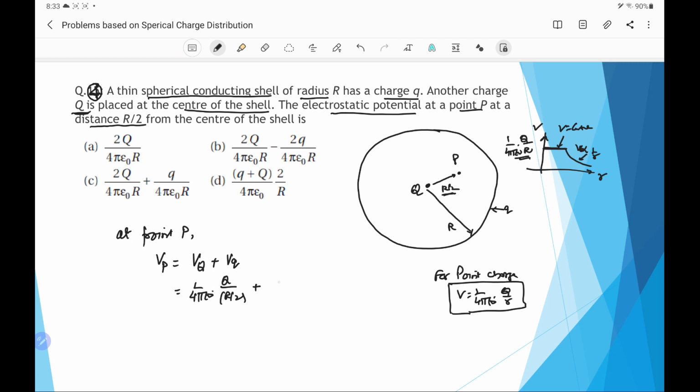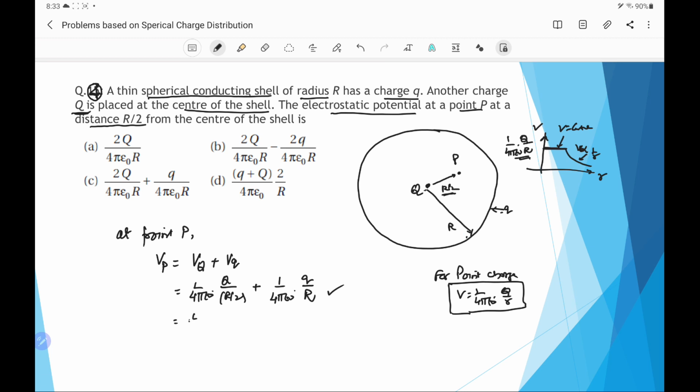So we can write the potential at point P due to the charge on the surface of the shell will be 1 by 4 pi epsilon naught q by R. It will be equal to the potential at the surface. For the surface, we can consider this charge concentrated at the center, and from the center, the potential at a distance R will be 1 by 4 pi epsilon naught q by capital R. Now we will add them.